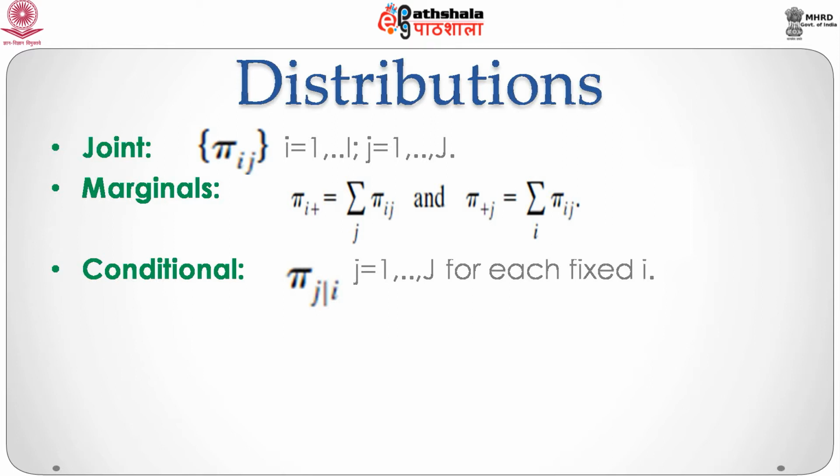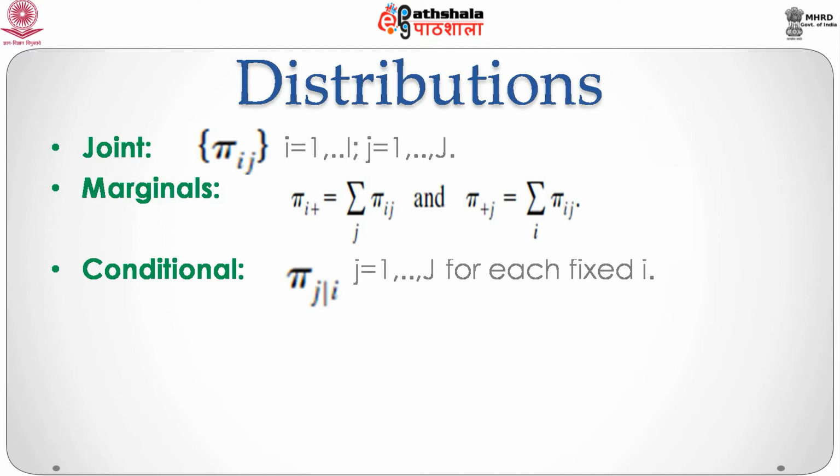The second distribution which we can define are the marginal distributions. So for example, we might consider the marginal frequencies along the rows. So we could fix one of the rows and look at how the frequency breaks up along the columns. This is denoted by the 2 marginals pi i plus, which gives the distribution along the rows.